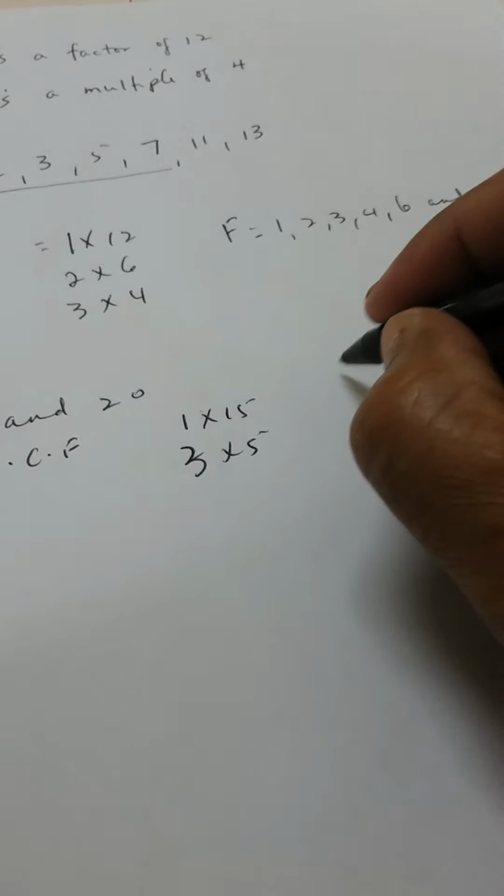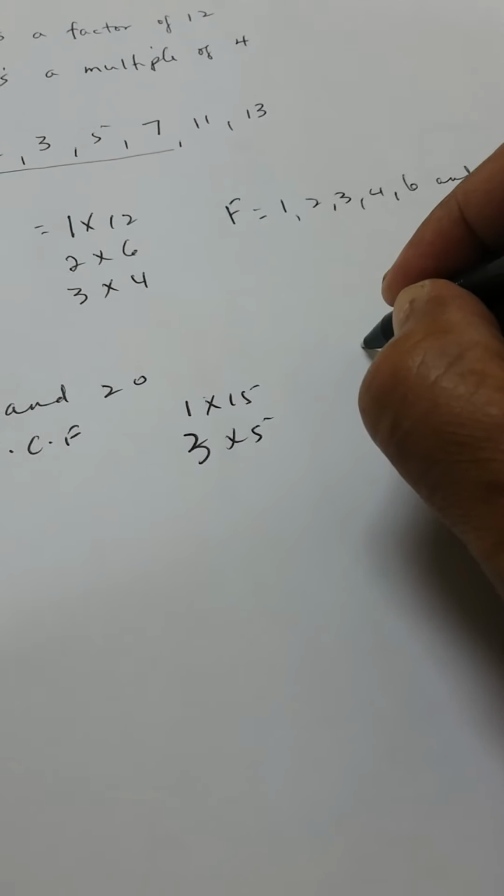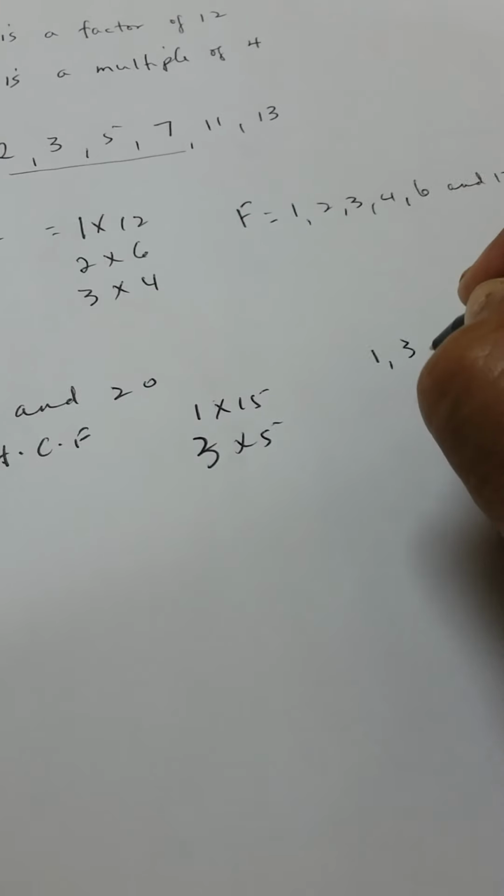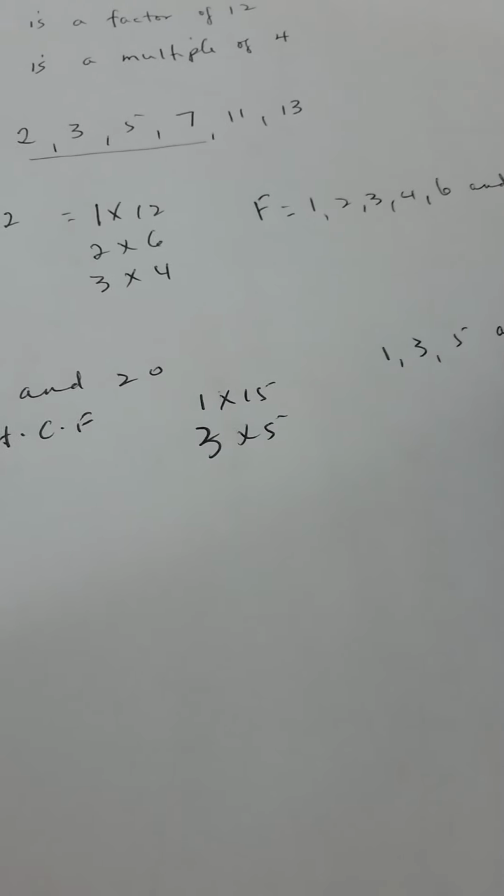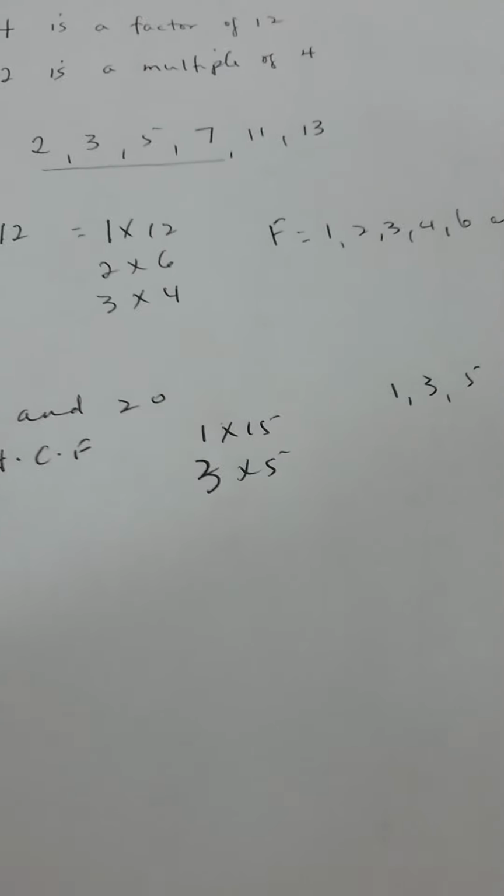So we say the factors of 15 are 1, 3, 5, and 15.